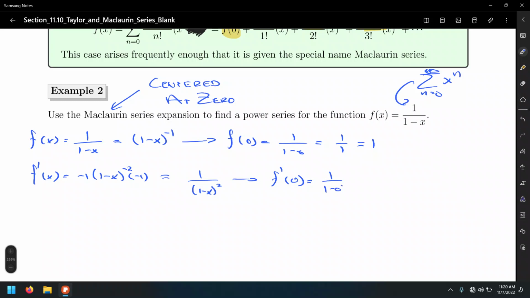That's 1 over (1 minus 0) quantity squared, and that equals simply 1. 1 minus 0 is 1, 1 squared is 1, and 1 over 1 is 1. Second derivative.